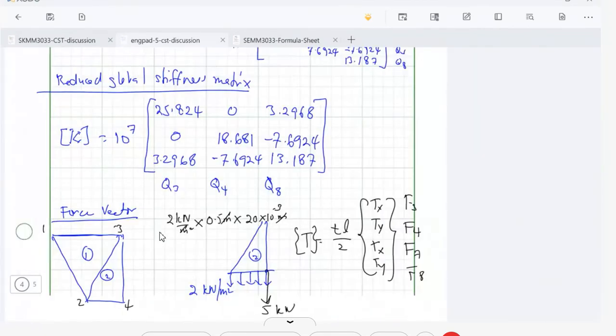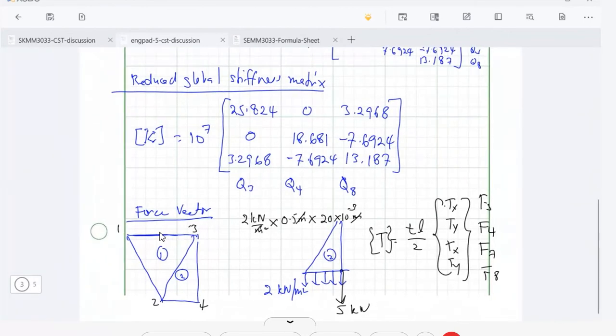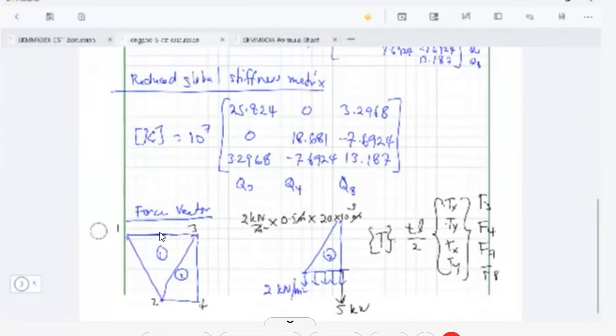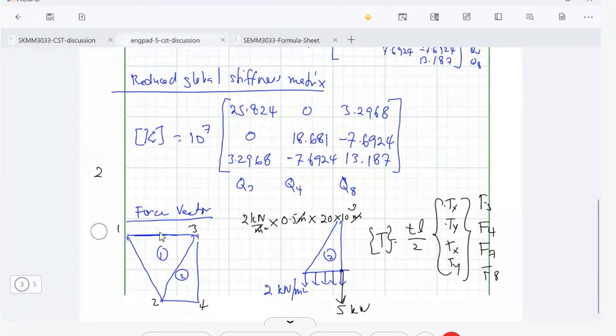What's the formula? Okay, this is the one. T downward is Ty. In this case, Ty is equal to 2 kilonewton per meter square.